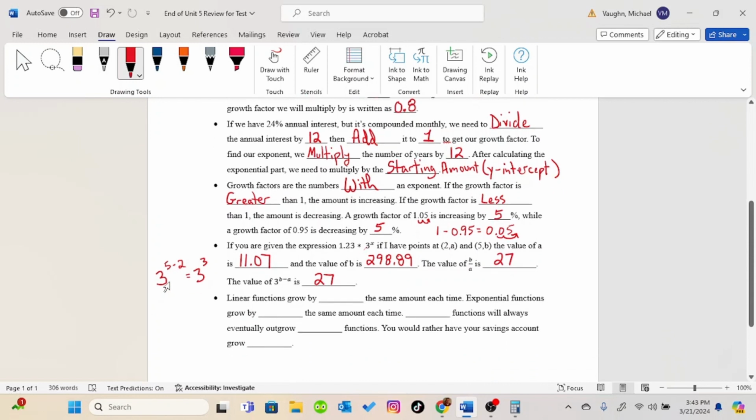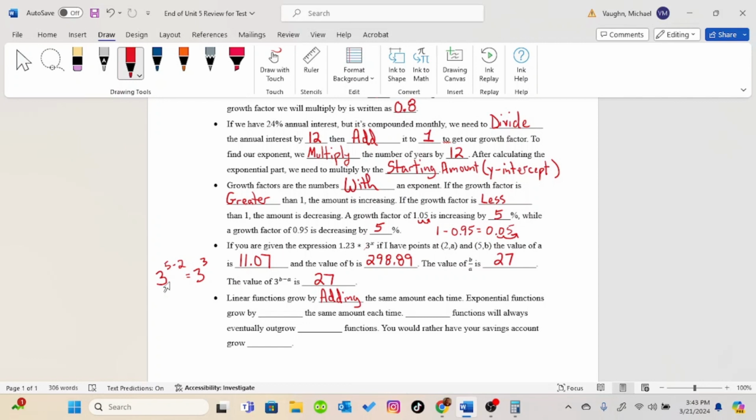And the last thing I want to make sure that you understand, linear functions grow by adding the same amount each time. A linear function adds the same amount each time.